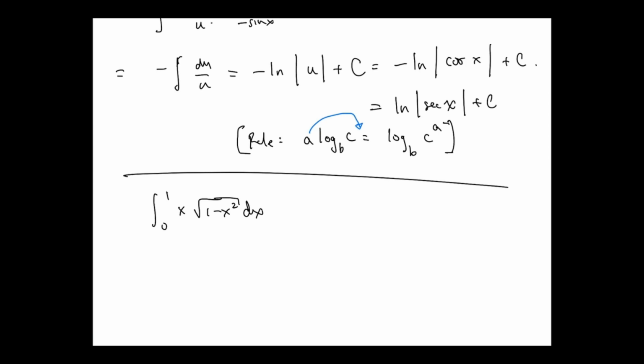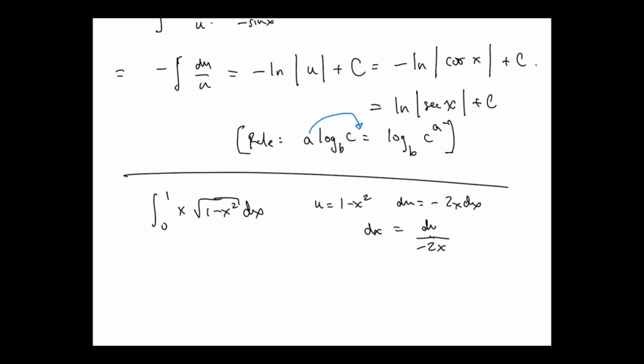So what would the u substitution be here? What's probably our pick? Okay, good. So if I let u equal 1 minus x squared, then as usual, du is minus 2x dx, and dx is du over negative 2x.